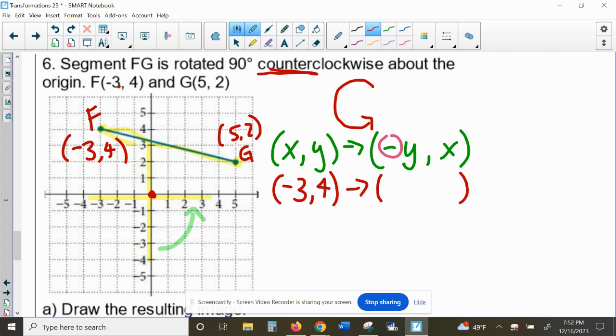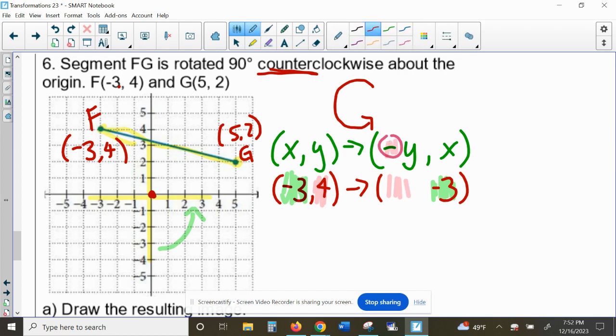Okay, so remember what we're going to do. We're going to take this X and put it in the second position over here. So we're putting a -3 in this position. See how we just put it in that position. Now we have to take this Y and put it here, but we have to change its sign.